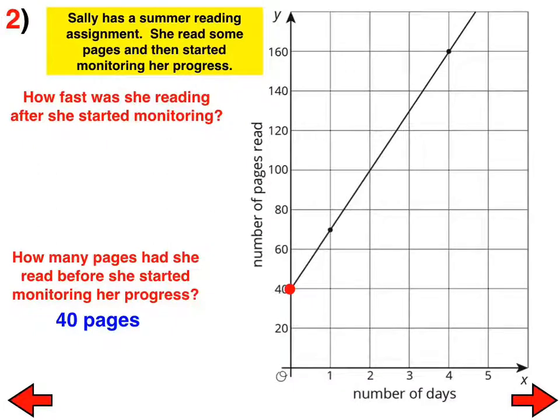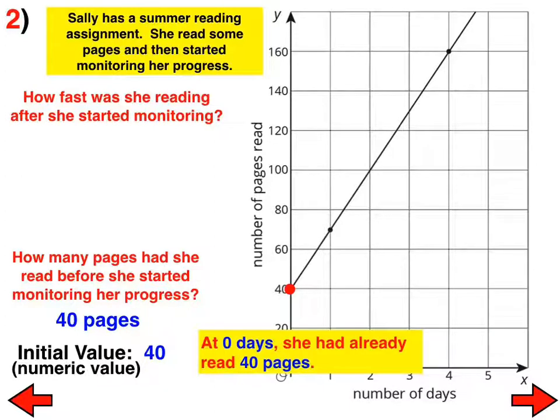She had already read 40 pages before she even started monitoring her progress. The numeric value of the initial value, of course, would be 40. 40 pages is the answer to the first part of that, because it did say how many pages. So what that means, or what that represents, is at 0 days she had already read 40 pages.